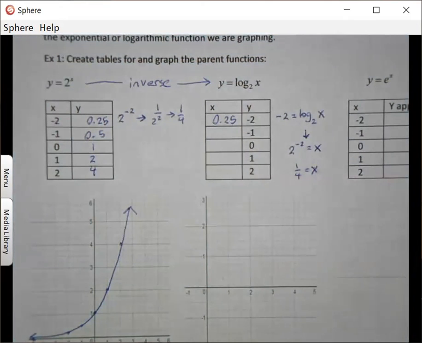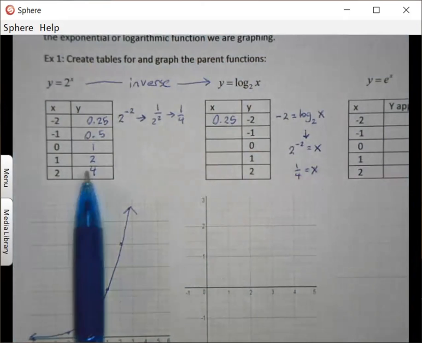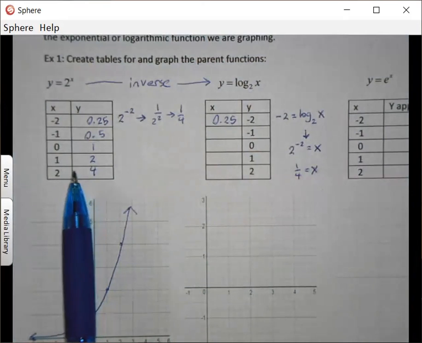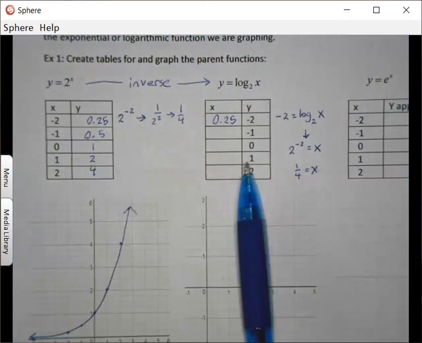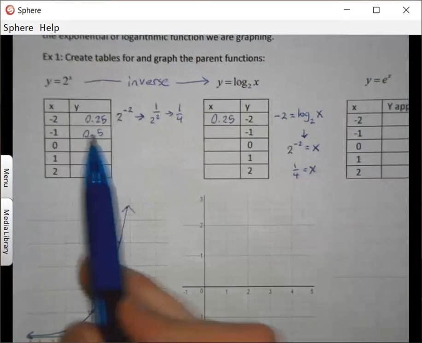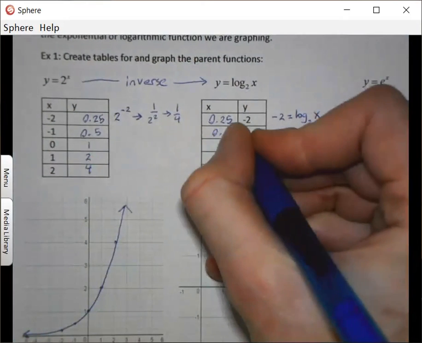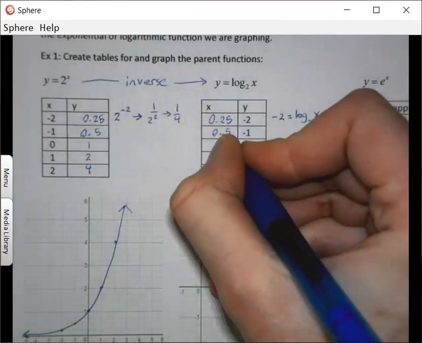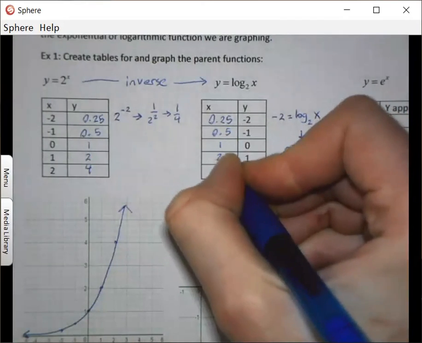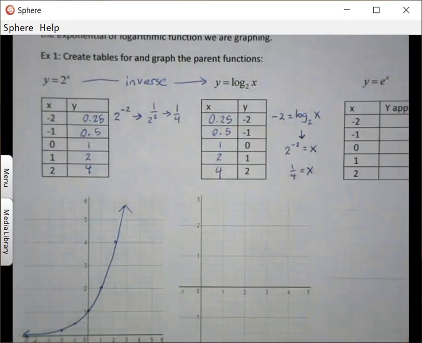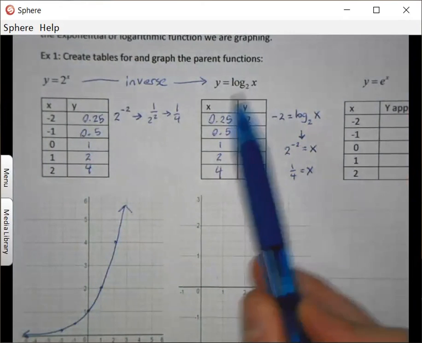This is another way you can find your parent function when you have a logarithm. You can change it to an exponential, find the parent for the exponential, and then just flip the values to get your parent for your log. But again, we can also find it by plugging in the y values.